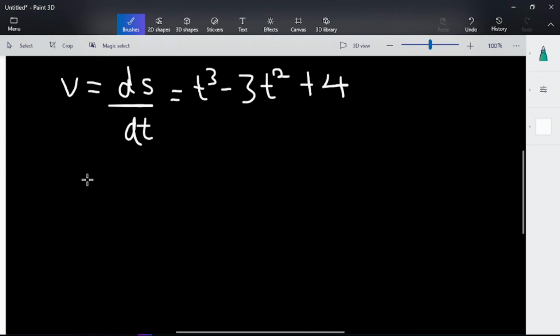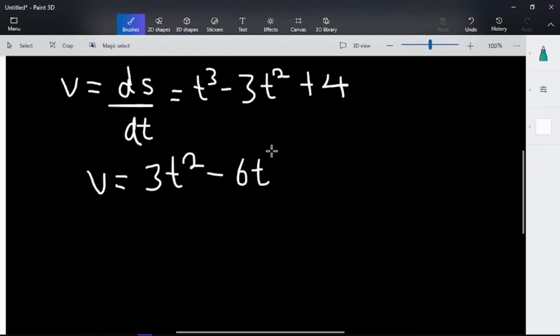So we can say v is equal, once we differentiate this, we're going to have 3t squared minus 6t, and then once you differentiate a constant such as 4, it goes to 0.